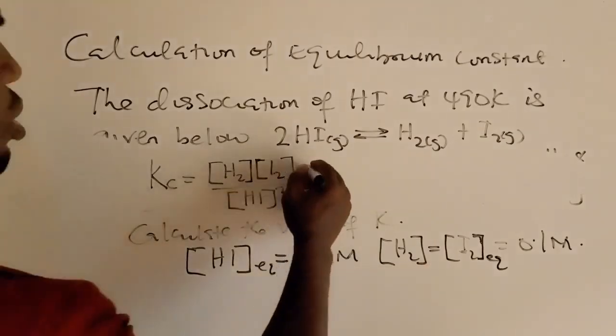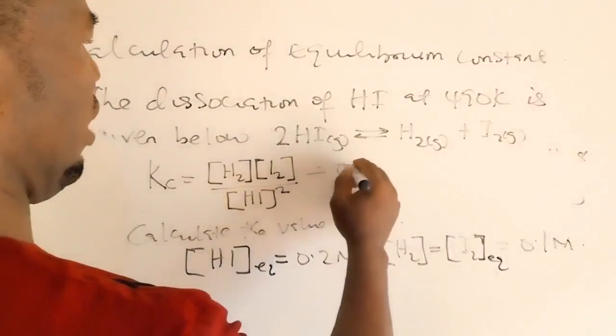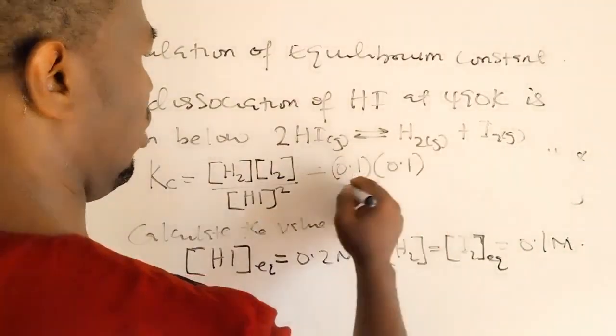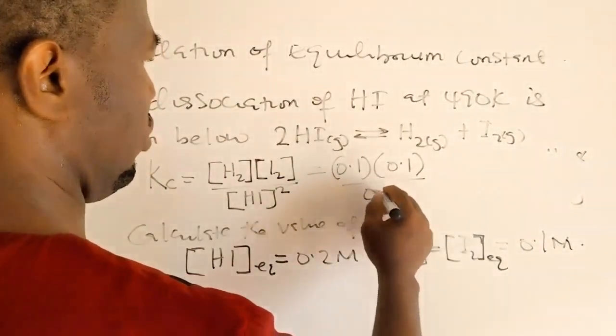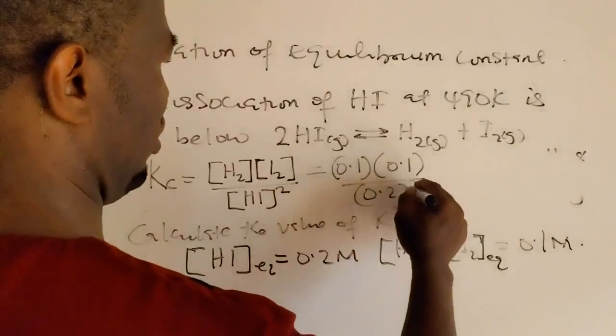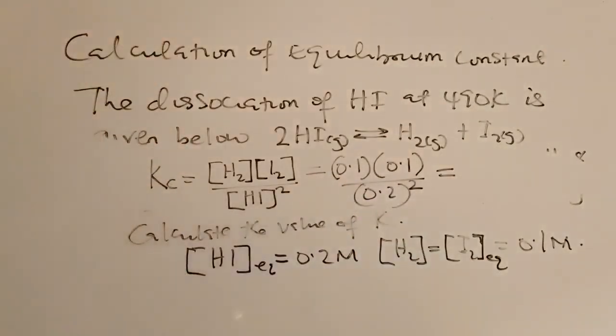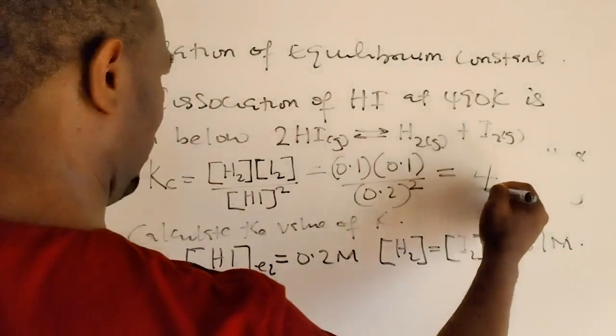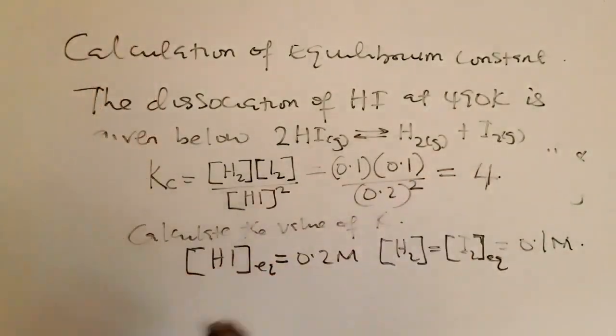That becomes 0.1 for hydrogen multiplied by 0.1 for iodine, all over 0.2 all squared for hydrogen iodide. When we solve this, the final answer will be equal to 4. So 4 is the equilibrium constant for this reaction. So go to the next question.